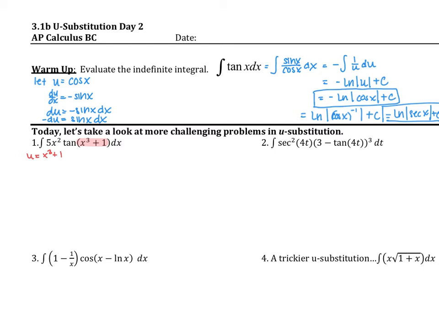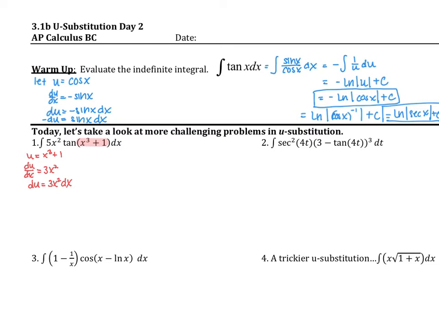And then I'm going to take the derivative of that, and I'm going to get du dx equals 3x squared. And simplifying that, I get du equals 3x squared dx. Okay, well, here's the problem: in this problem, I see a 5x squared.